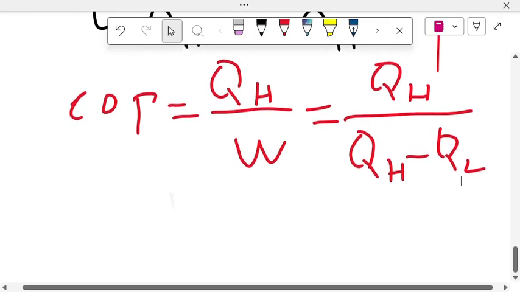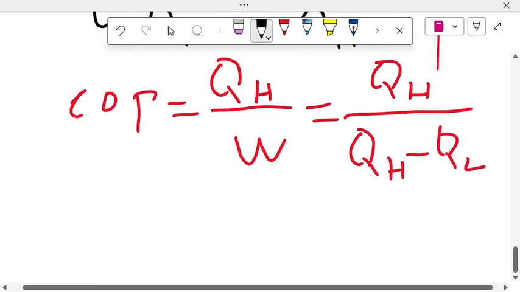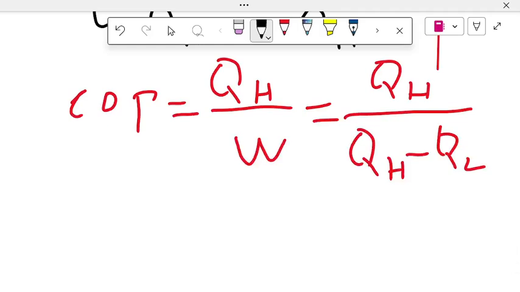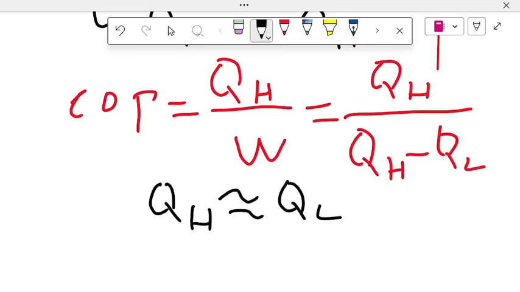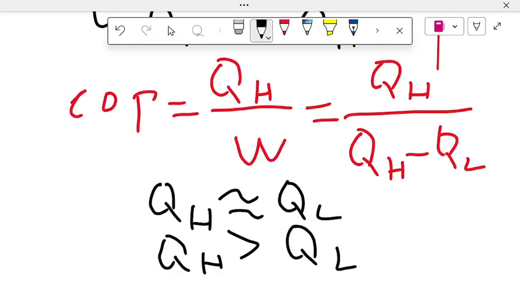But you see, what happens in this case if heat high is almost equal to heat low, but heat high is greater than heat low.